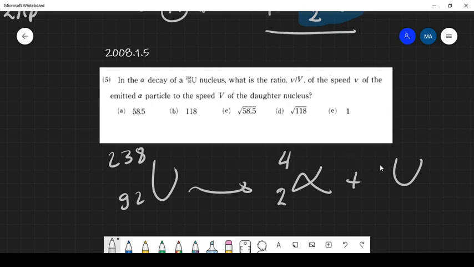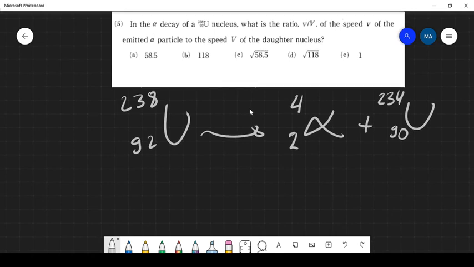But it can't keep its mass because it lost 4 of mass, so it will need to be 234. And here it was 92, but it lost 2 charges, so it will be 90.